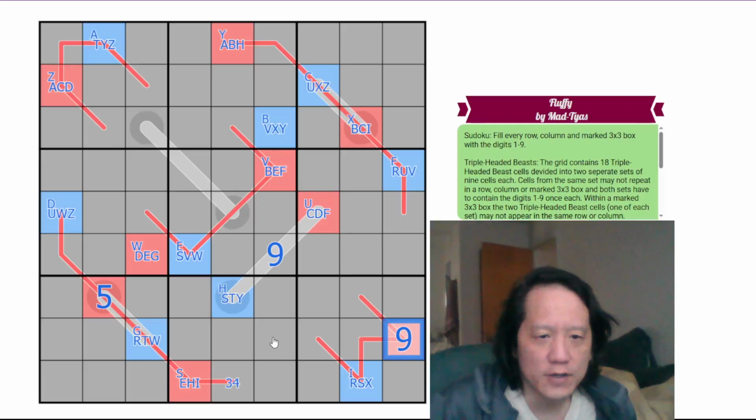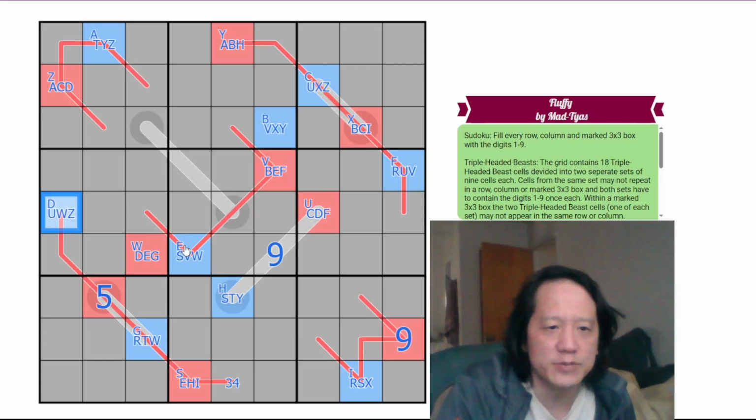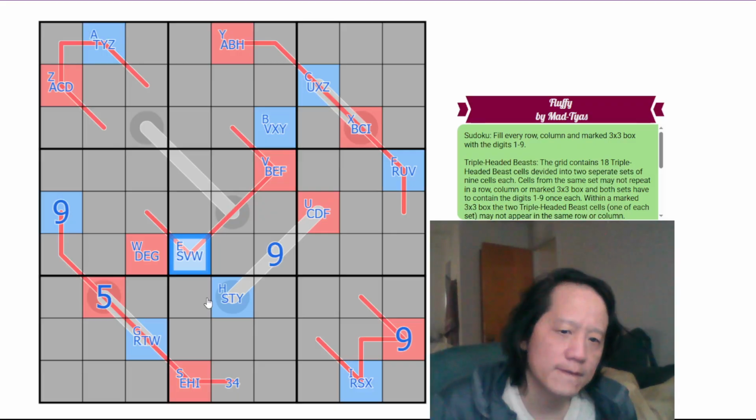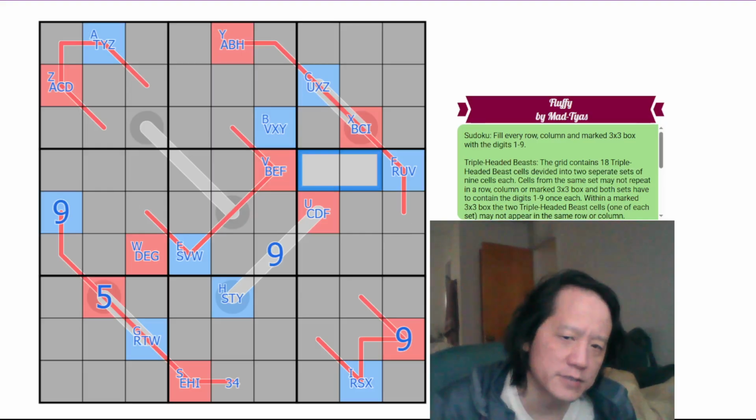What else did we find out? This can't be 9. This can't be 9, so 9 has to be here. I think we tried 7 here. So it's a 5, 7, 9 here. Well, we know 9 has to be one of these two.